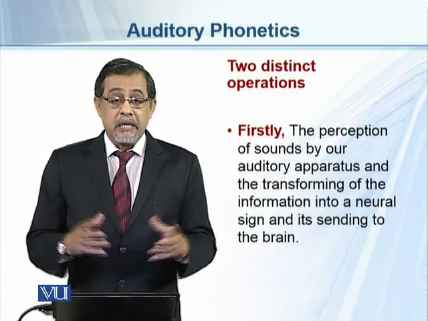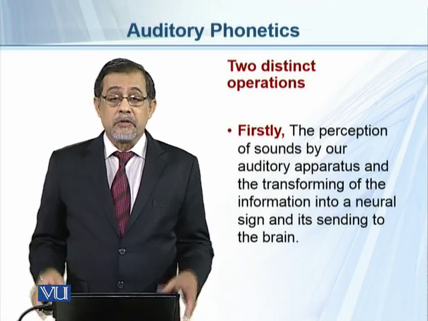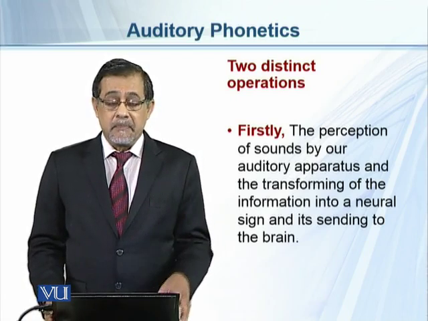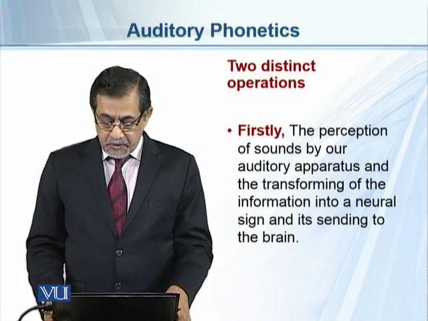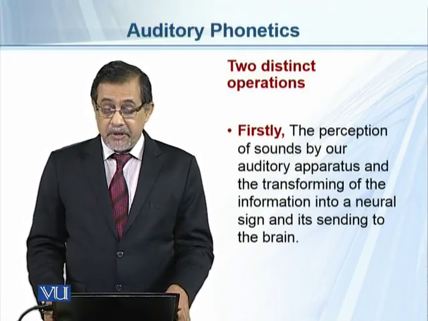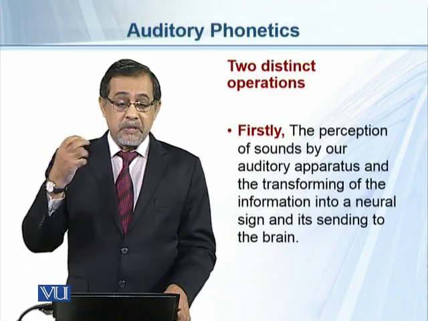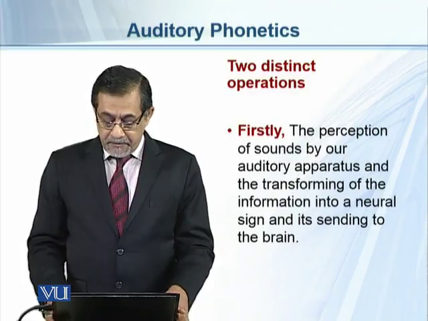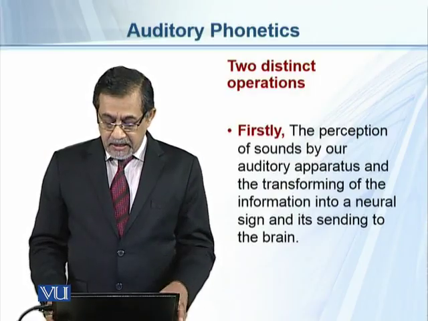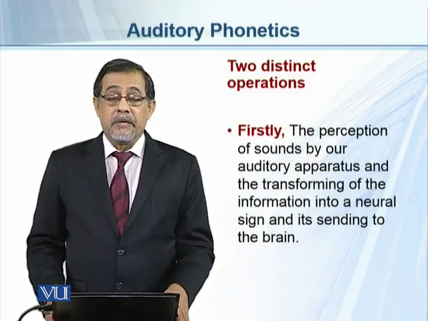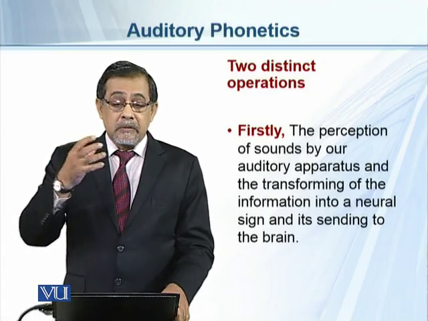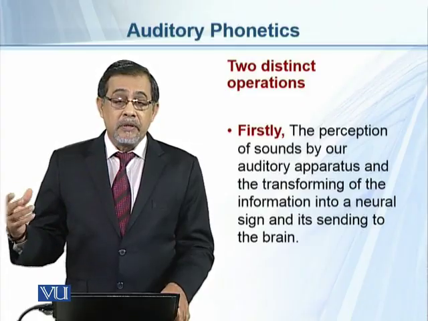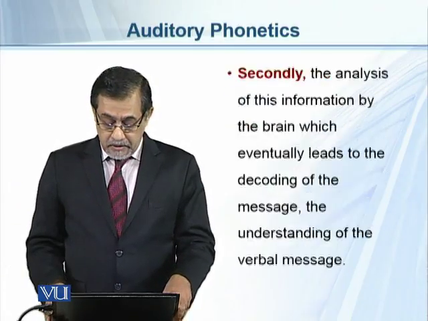So generally, two distinct operations take place when we listen to a message. Firstly, the perception of sound by our auditory operators, which perceive that a sound has come to them, and the transforming of the information into neural signals and sending it to the brain.